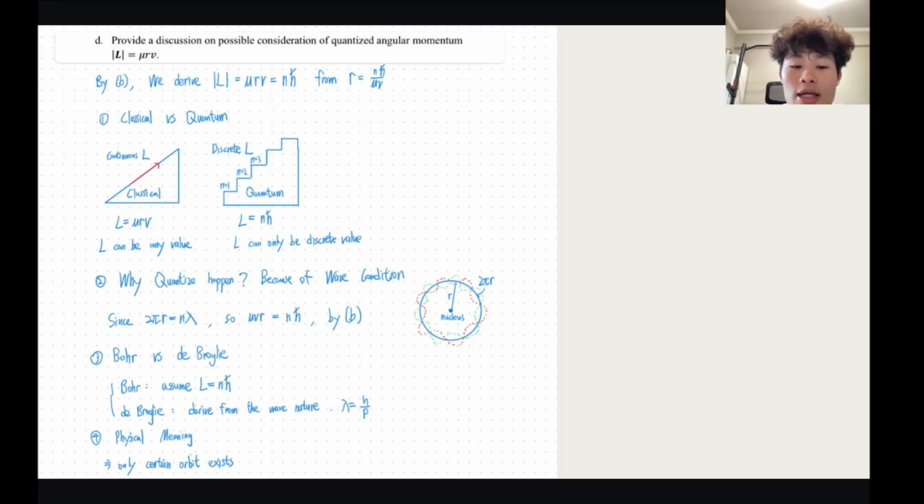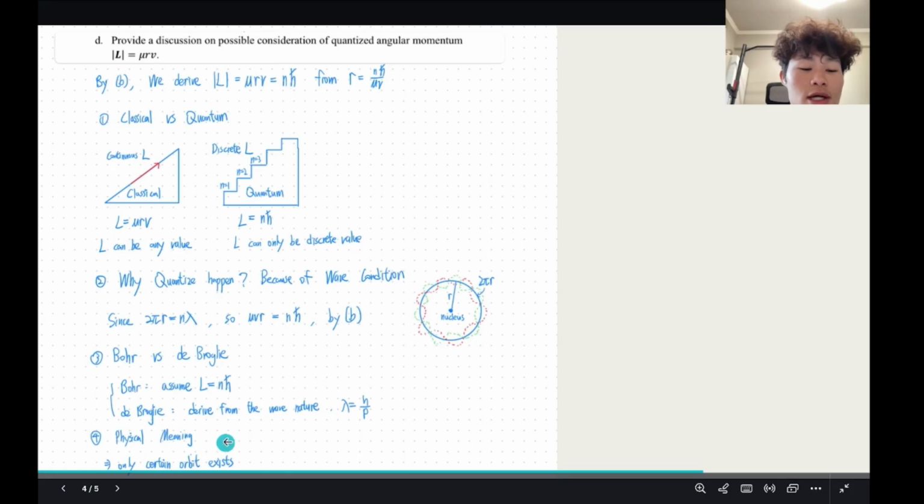And de Broglie actually makes a further discussion about that. He derived a much deeper understanding from the wave nature of the matter wave. Lambda equals h over p, and p is the momentum, p equals mu v over here.